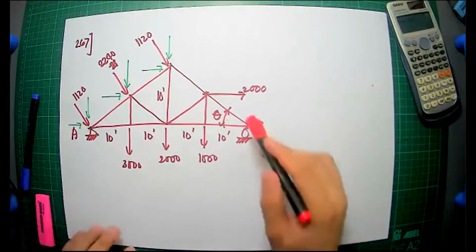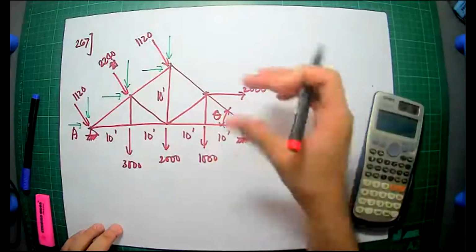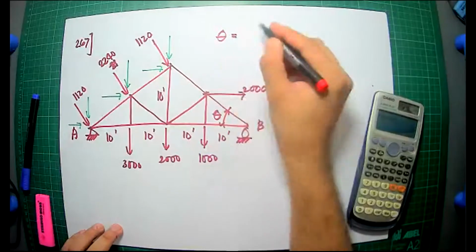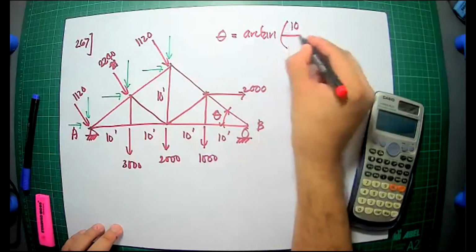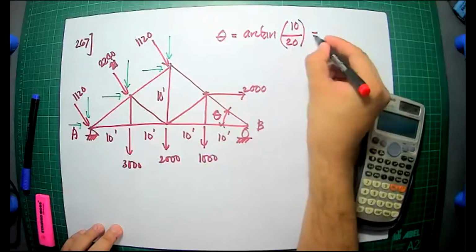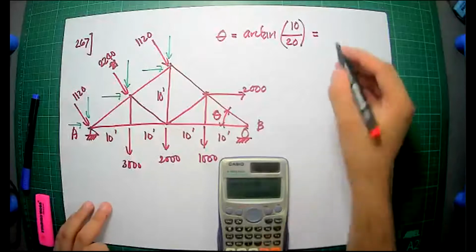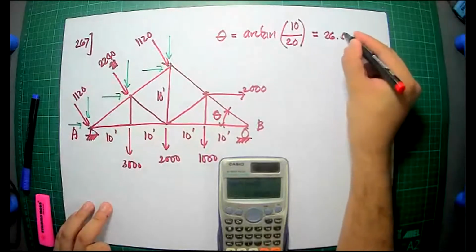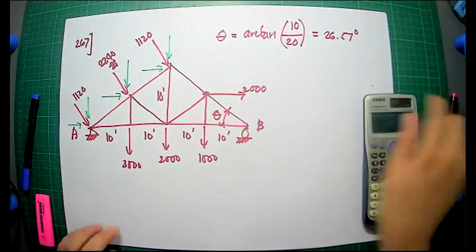So for this problem, kay tungod nga relevant ang theta, ara siya ga-reflect, we will compute for theta. So theta is arctan of 10 over 20 and is equal to 26.57 degrees.